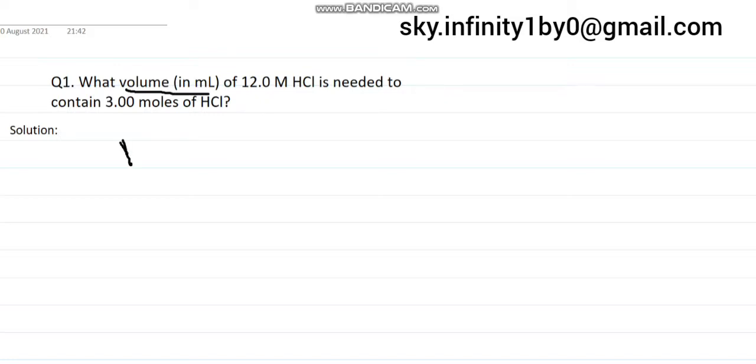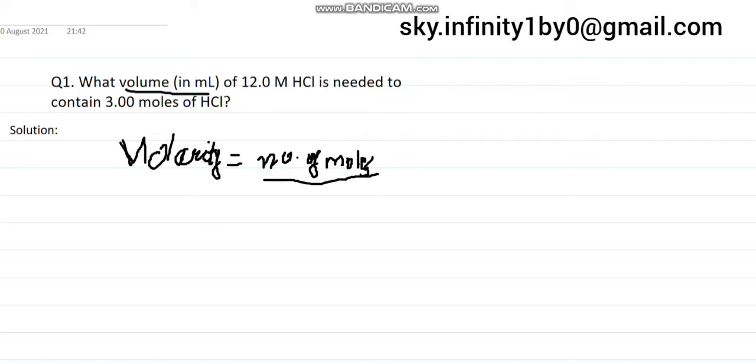As we all know, molarity is equal to number of moles divided by volume of the solution in liters. Need to keep in mind that the volume for molarity is always in liters.